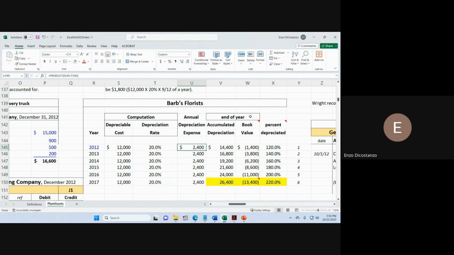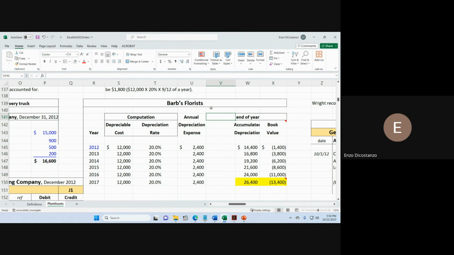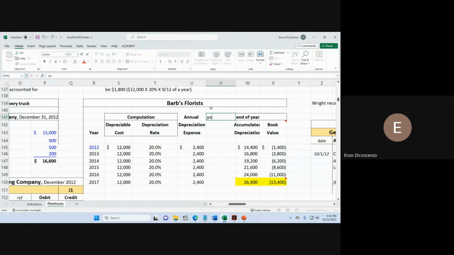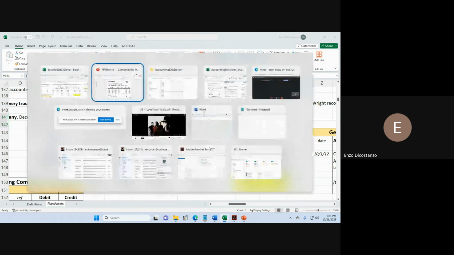And then what you do, well, these we don't need, I suppose. Just for sort of lack of space. You still have annual depreciation, and then you have partial year. Bold.